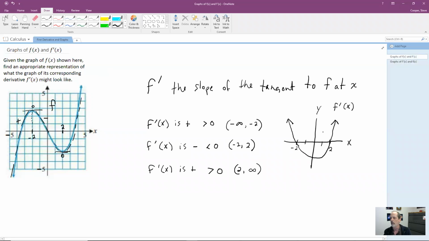This was the f prime that turns into this f, because this was the f that we said looked like this f prime. So notice that these points where it crosses the x-axis correspond to flat, zero slope tangents. So the -2 and the 2 were where f prime of x was 0.